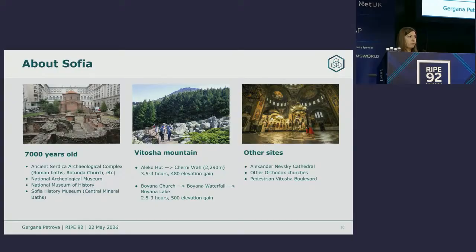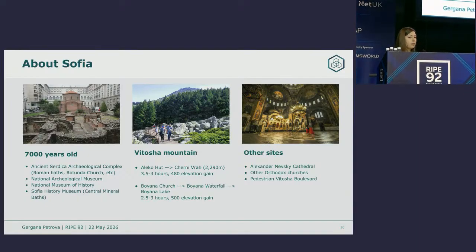Even if you're not a big history fanatic, but for the fanatics, there are more history museums on the screen. And as soon as you land in Sofia, you're going to notice a big mountain towering over the city. For those of you who enjoy nature and active hikes, I have listed 2 suggestions.